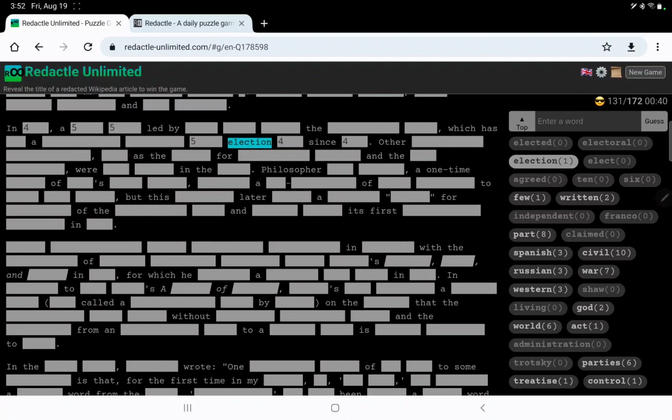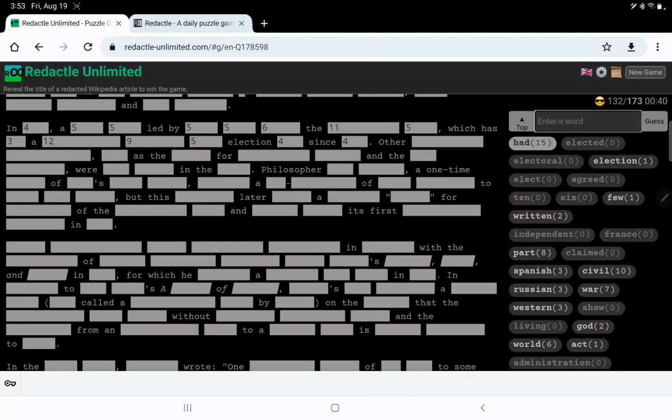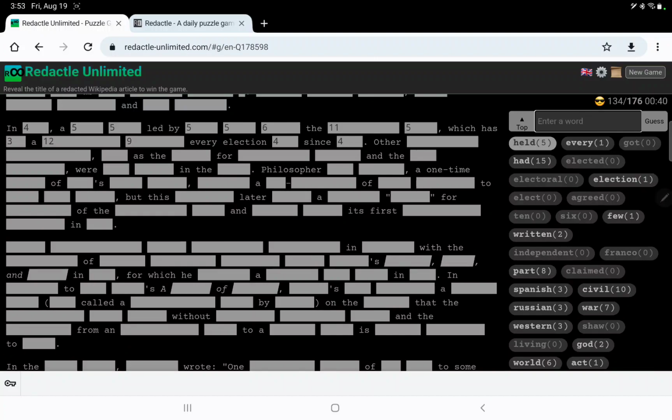In some year, a something led by 5-5-6, the 11-5, which has got every election something, lost.